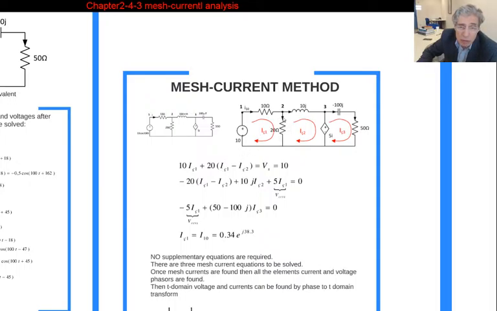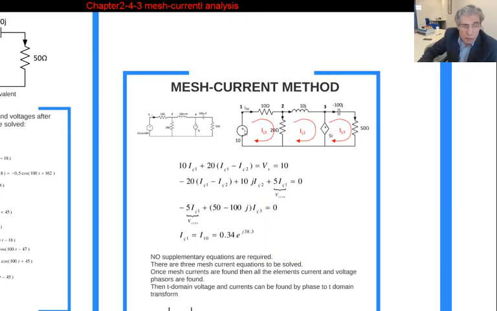The direction of this element's current and the second mesh current are opposite to each other. That's why the minus sign comes in front of the second mesh current. So IC1 minus IC2 is the current of this resistor, times 20 gives you that 20 ohm resistor voltage. So this voltage plus this voltage minus this voltage equals 0.